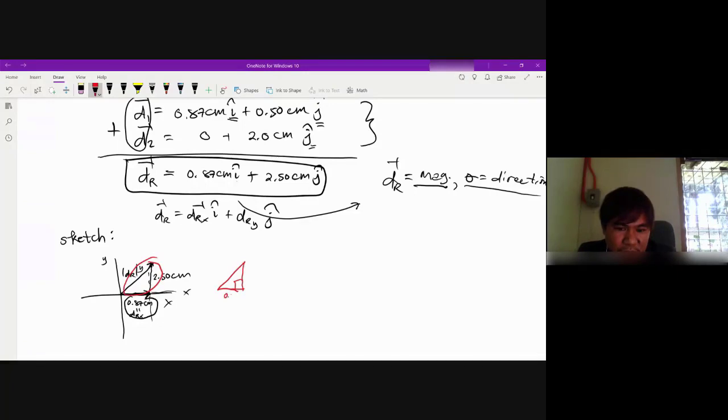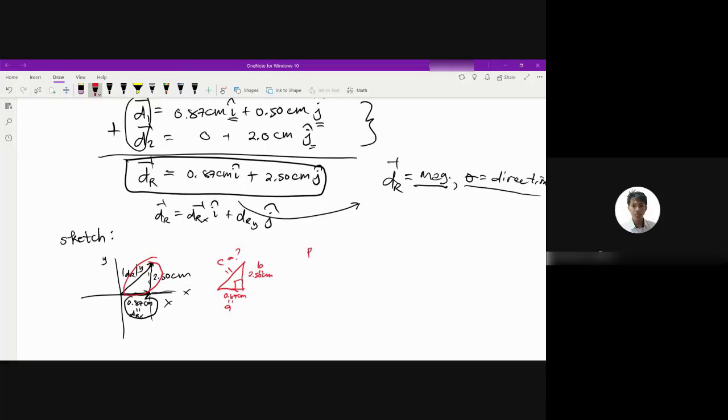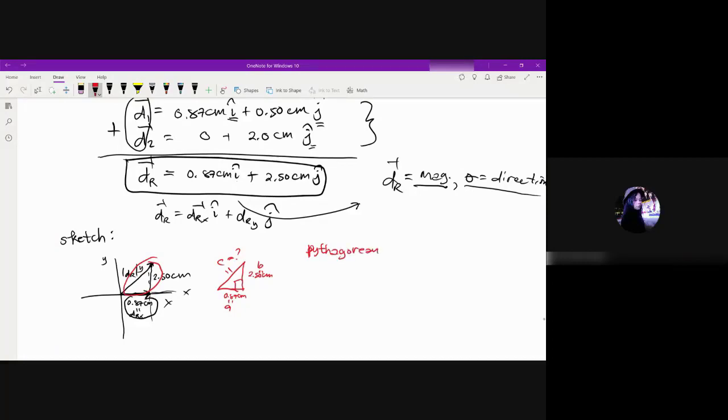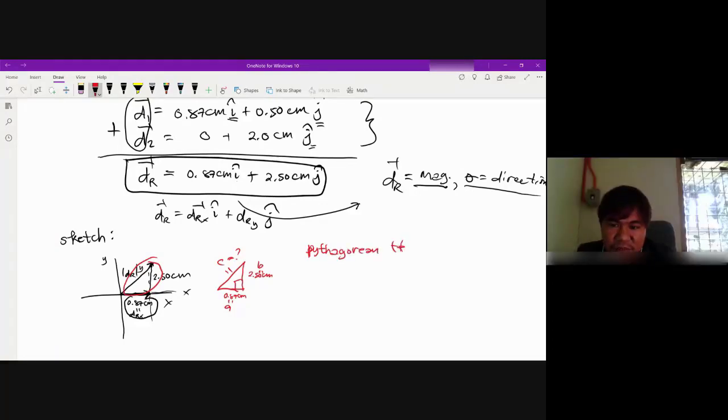So this is 0.87 cm, and this is 2.50 cm. So this is your A, this is your B, and this is your C. What theorem do we use to find it? Yes, the Pythagorean theorem. Very good. Okay, Pythagorean theorem.